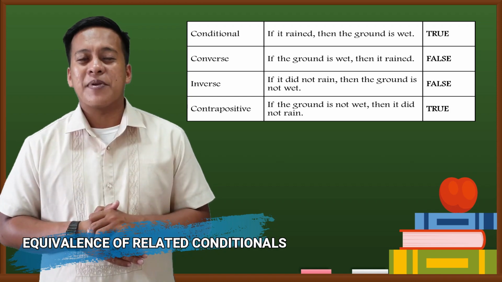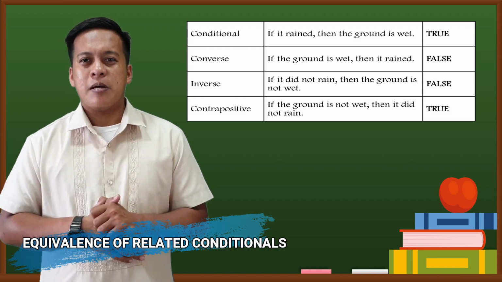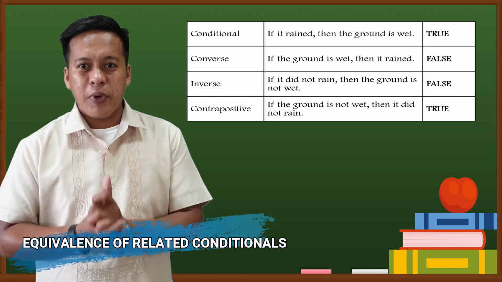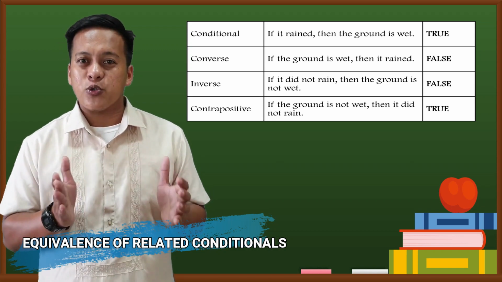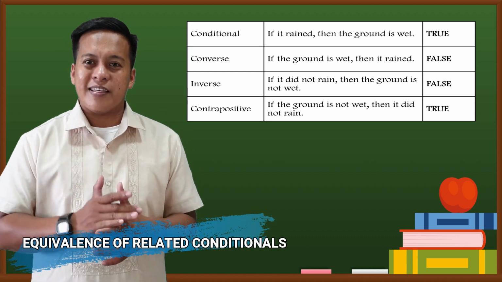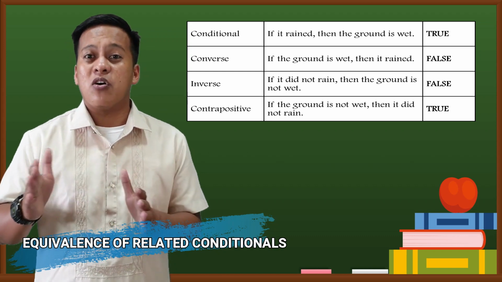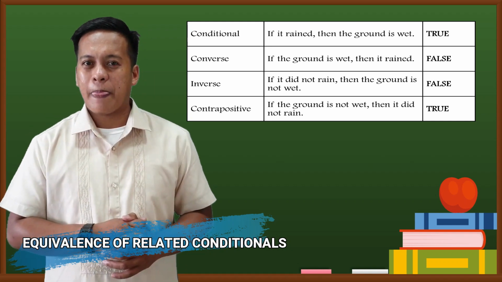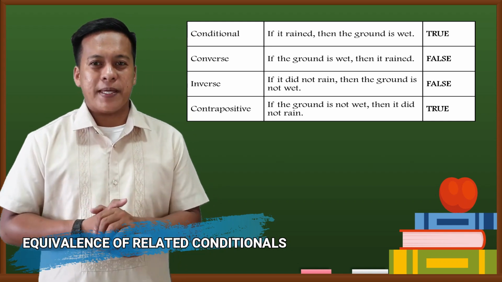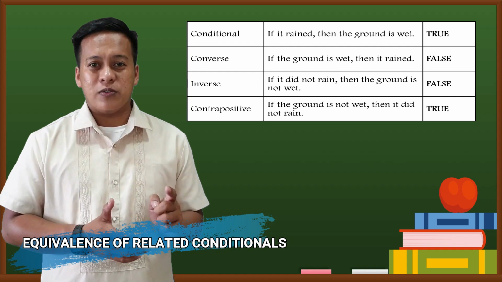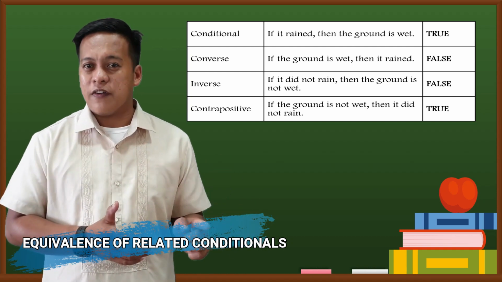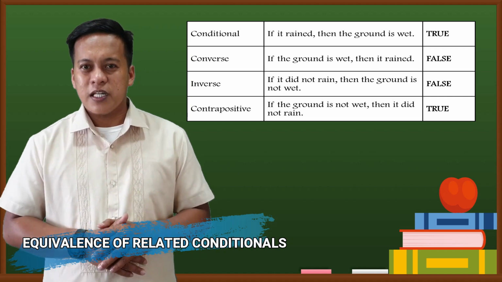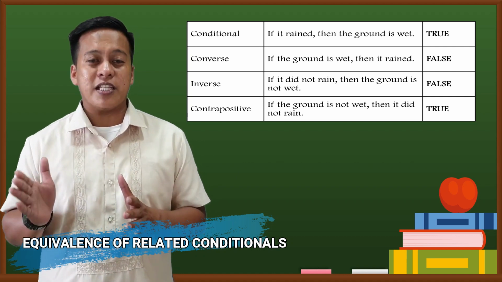Most of the time, yes. But we can give a counterexample that could make the conclusion incorrect, and that is when water from the hose causes the ground to be wet. If this happens, then the ground is wet even if it did not really rain. Therefore, the converse statement is false.